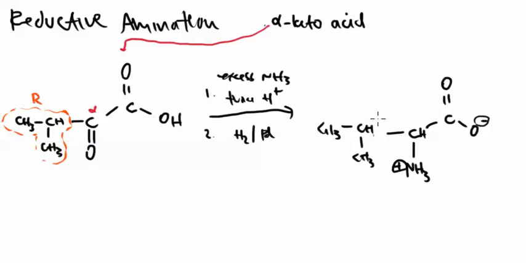This is our R group, right? So here is the R group on the amino acid. This is the alpha carbon, this is the acid part, and this is the amino part. So amino and carboxylic acid are attached to the same alpha carbon. This is a chiral carbon because the fourth group is this isopropyl group.